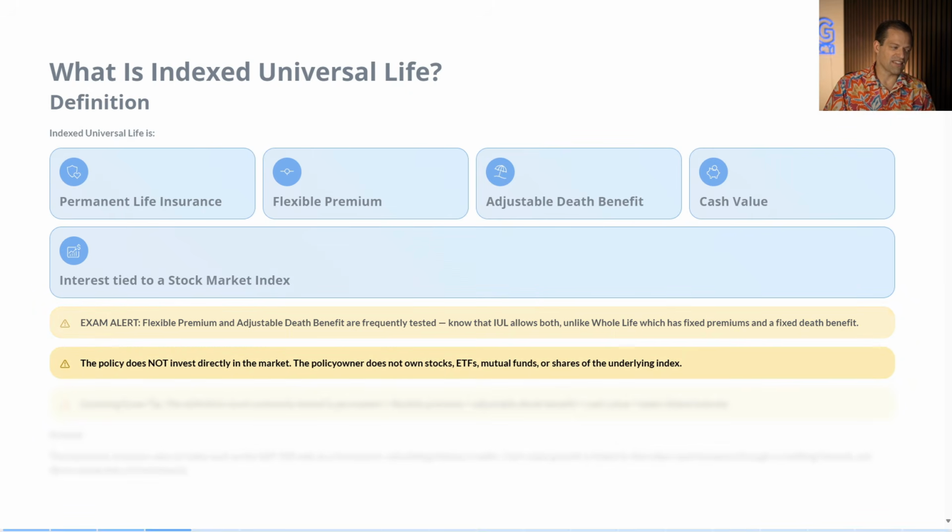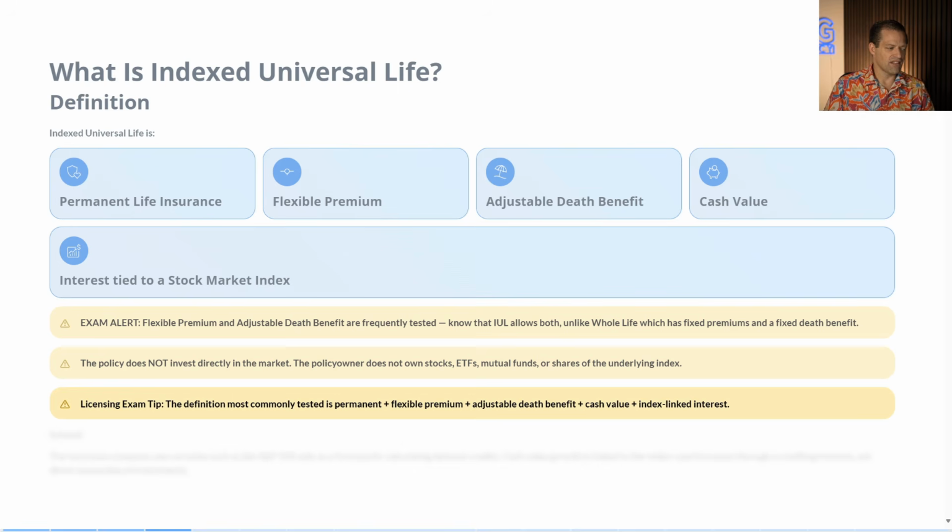Also understand the policy does not invest directly in the market. As an IUL policyholder, you do not own stocks, ETFs, mutual funds, or shares of an underlying index. You're credited on those, okay? So the definition most commonly tested is permanent plus flexible premium plus the adjustable death benefit plus cash value plus index-linked interest.